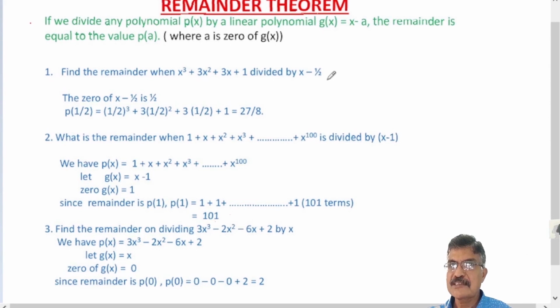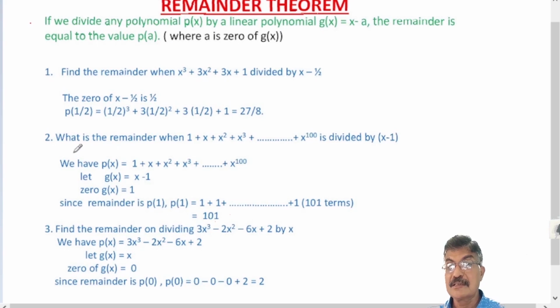The zero of this polynomial is 1 by 2. So the remainder is p of 1 by 2. This can be calculated by substituting x by 1 by 2 and doing the necessary arithmetic. Then we will get the answer as 27 by 8. So this is the remainder. This is very easy.